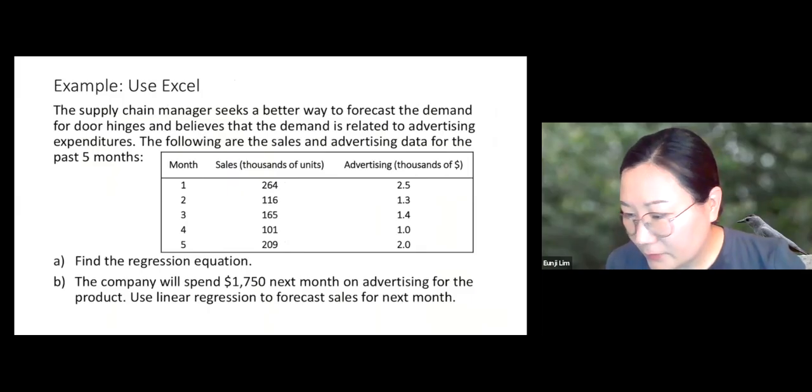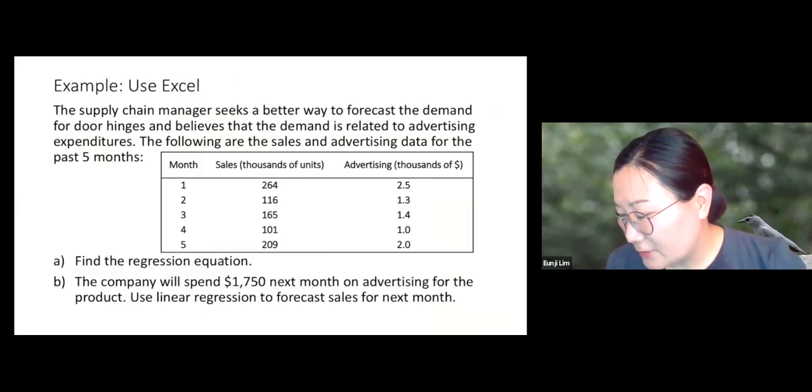Let's take this example. The supply chain manager seeks a better way to forecast the demand for door hinges and believes that the demand is related to advertising expenditures. The following are the sales and advertising data for the past 5 months.